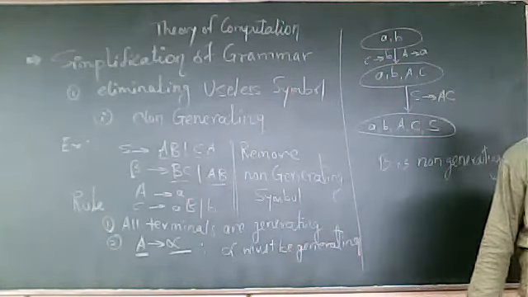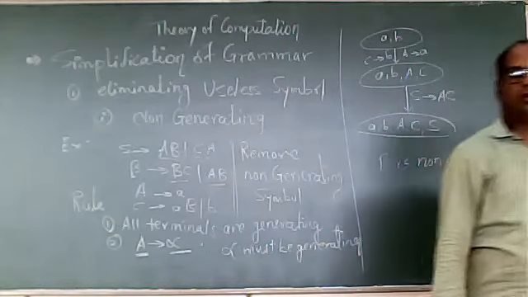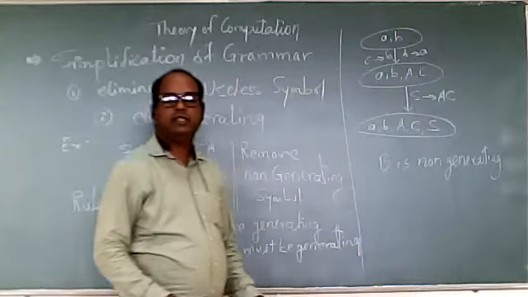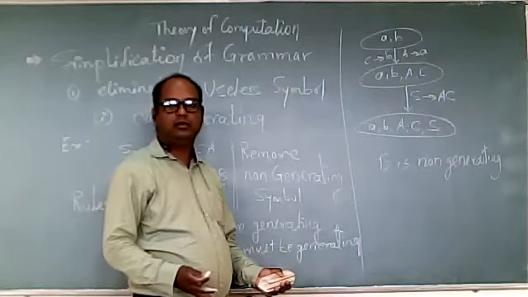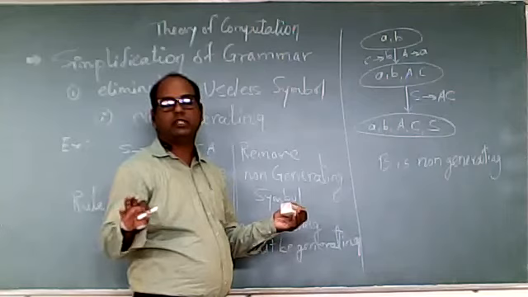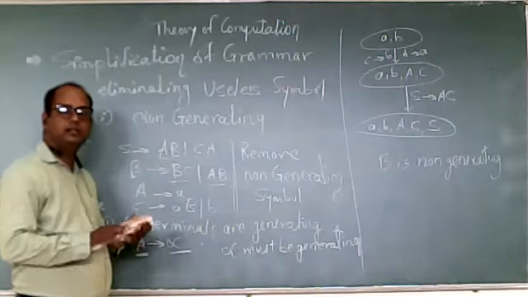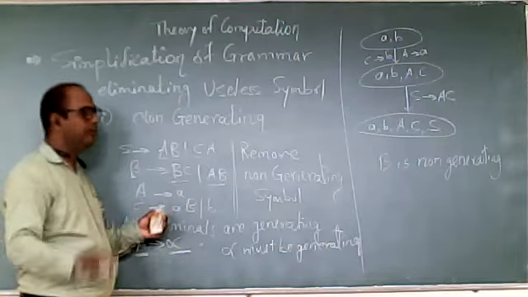B is a non-generating symbol. And when we say it is a non-generating symbol, all the productions related to that variable we can remove. So all the productions related to the non-generating symbol, we can remove.